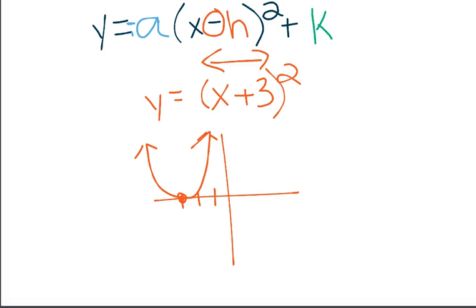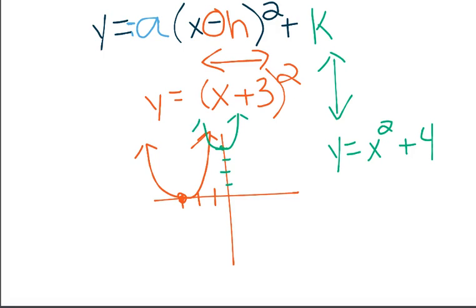Now the k is the one that shifts the graph up and down. This one is going to shift the vertex up and down, and it goes just like you'd expect. So if you have an equation that's x squared plus 4, for example, it would shift the graph up 4, and there would be your new vertex.